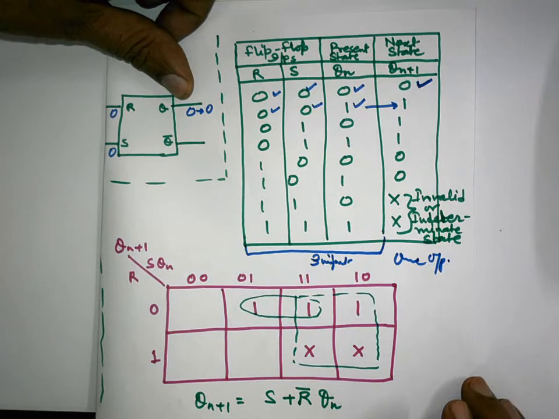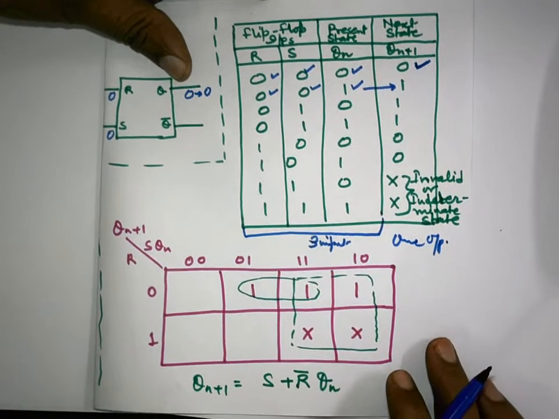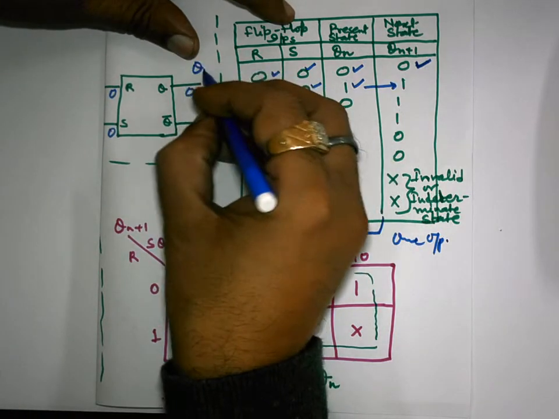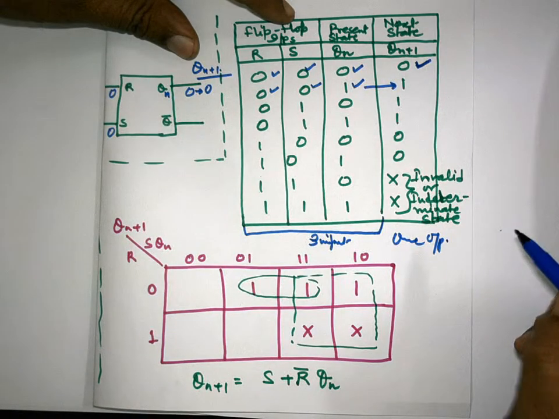Keeping this in mind, we can now make a K map, since this is a 3 input 1 output logical circuit. After making the map and after simplification, we get an equation. What equation occurs at the output? Qn plus 1 is the next state and Qn is the present state.